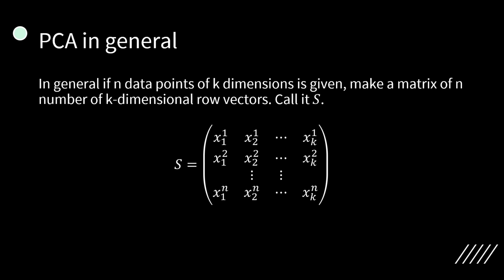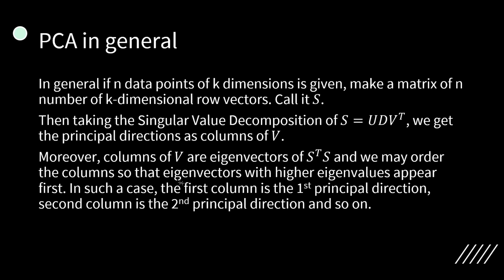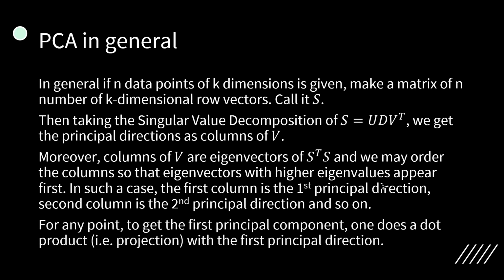If you do the singular value decomposition of S as U D V transpose, we get the principal directions as the columns of V. Moreover, the columns of V are eigenvectors of S transpose S, and we may order the columns so that the eigenvectors with higher eigenvalues appear first. In such a case, the first column is the first principal direction, the second column is the second principal direction, and so on. For any point, to get the first principal component, one only has to do a dot product, which is the projection, with the first principal direction.